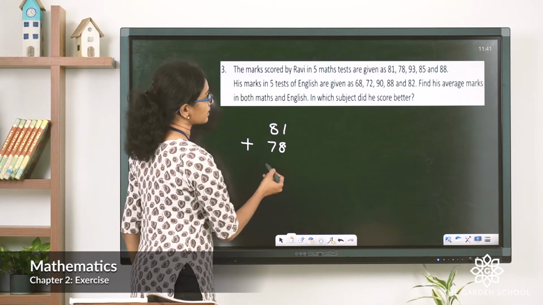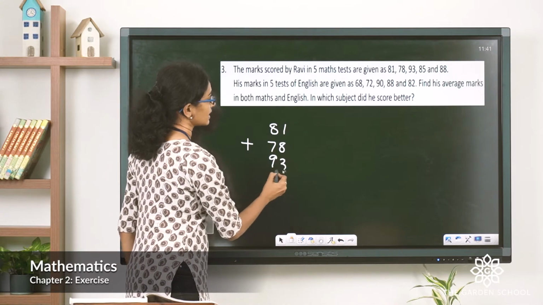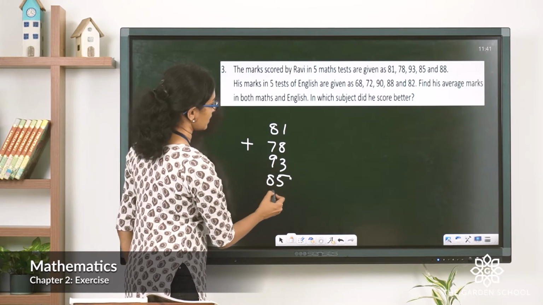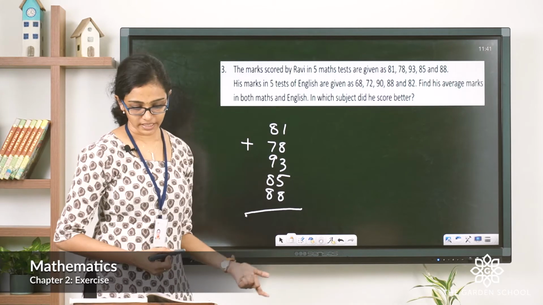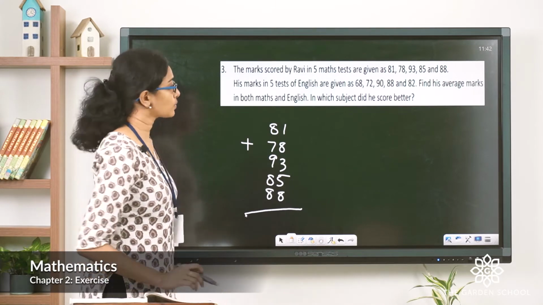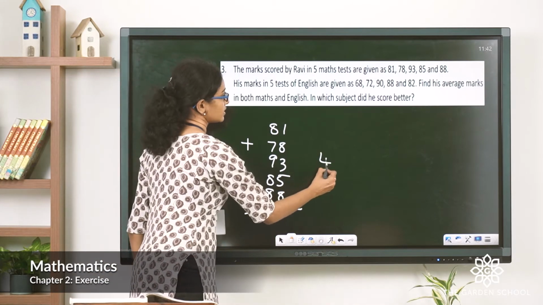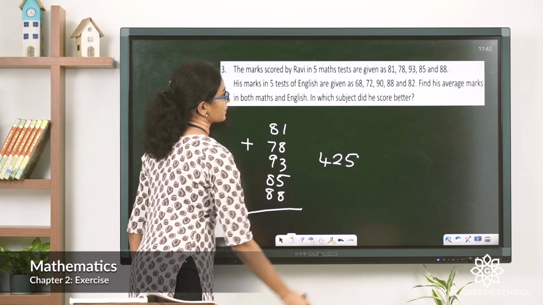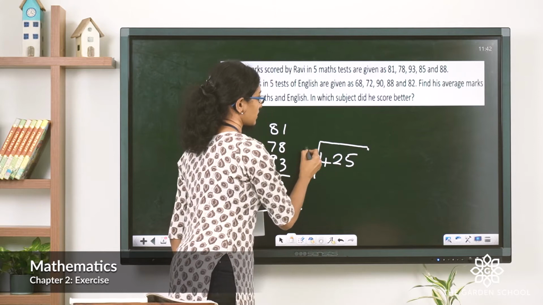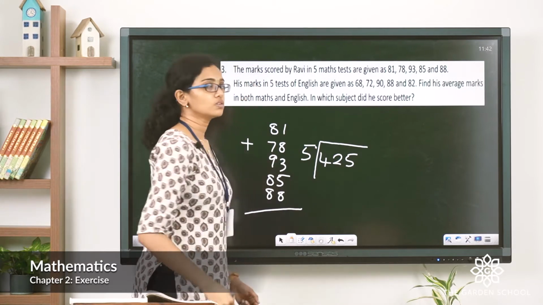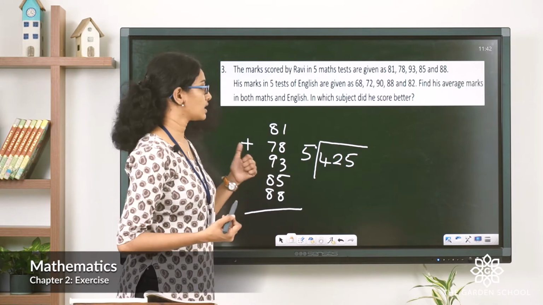So 81 plus 78 plus 93 plus 85 plus 88. So this will give you the sum, which is equal to 425. So now we have to divide this 425 by 5 to get the average marks in maths.